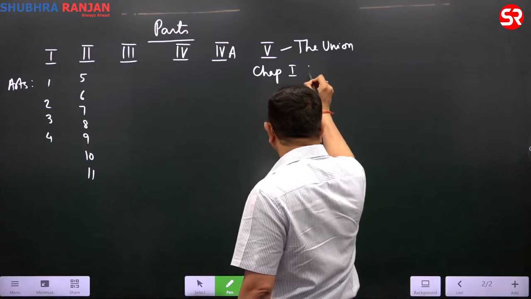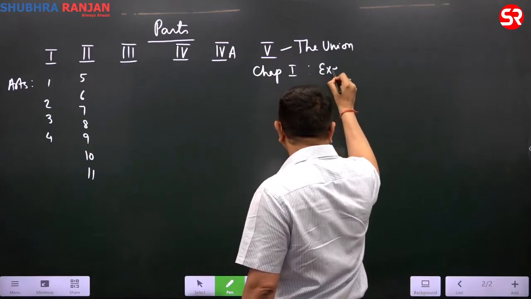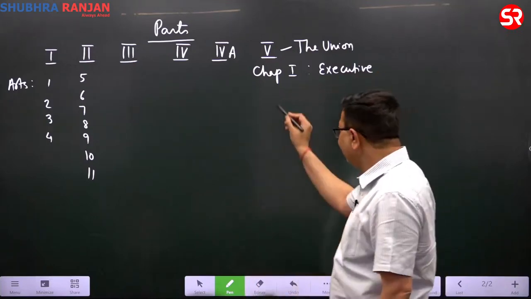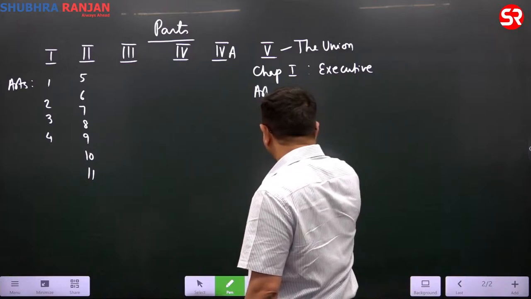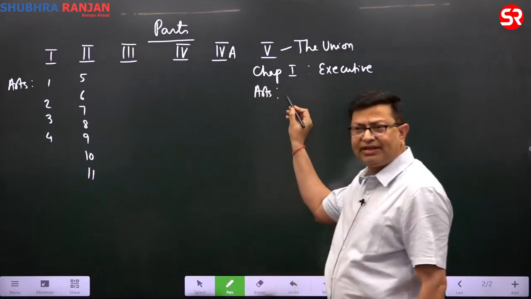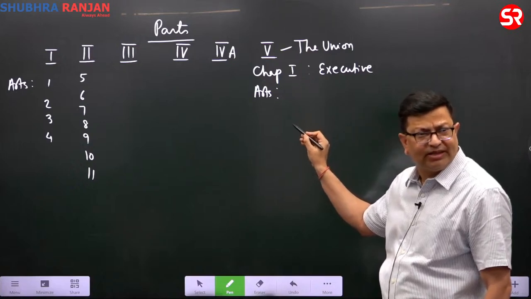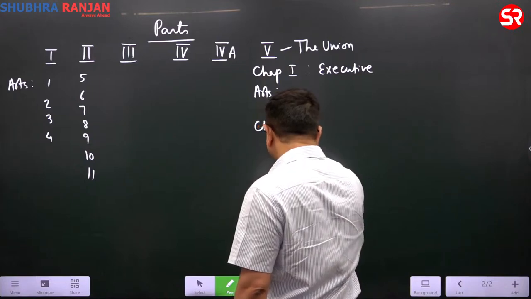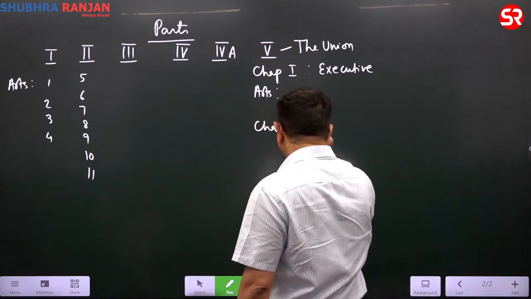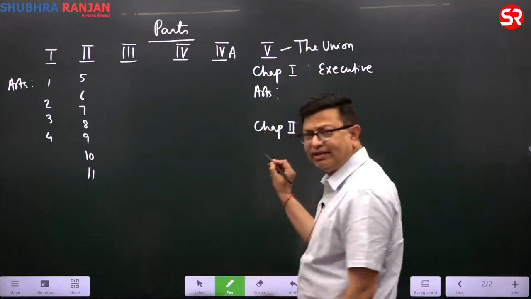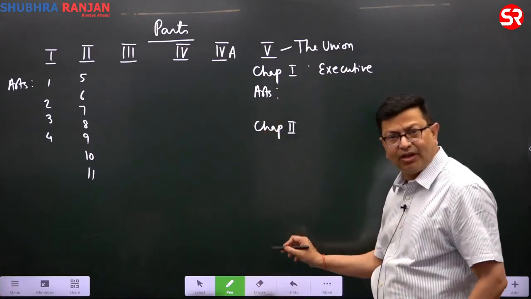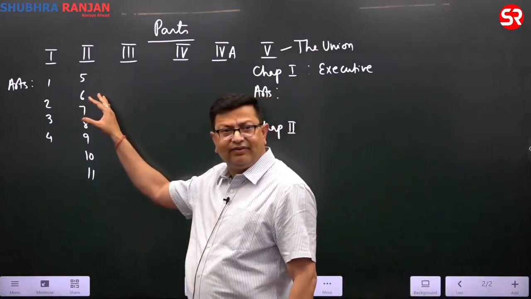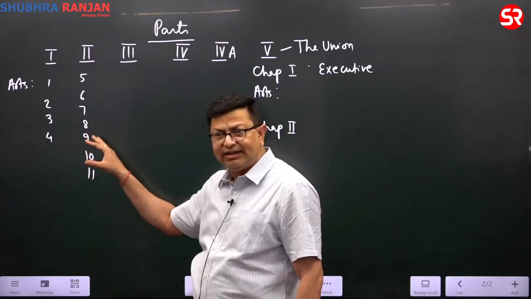Chapter 1, the executive, and then we have the articles related to the president, the vice president, the council of ministers, the attorney general. Then chapter 2 is related to the parliament, that is the union legislature. Then the articles. So somewhere you will see that we have got the parts, then the chapters, then the articles.